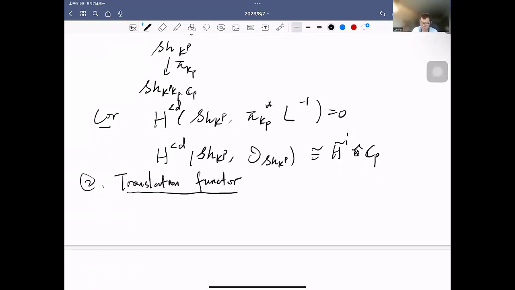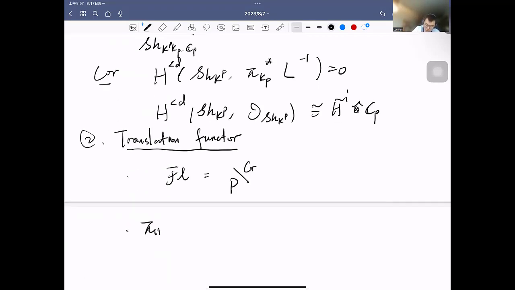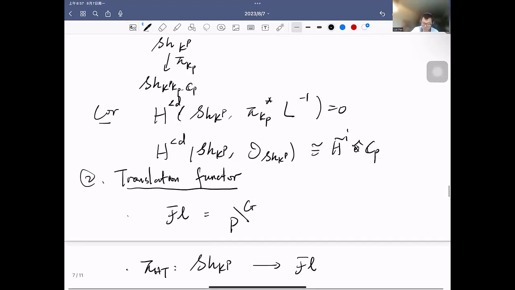The idea is that, sorry, I forgot to mention one ingredient. We have this Hodge-Tate period map. We have the flag variety defined by the parabolic defined from the Hodge-Tate cocharacter, and we have the Hodge-Tate period morphism from the infinite level Shimura variety to this flag variety.